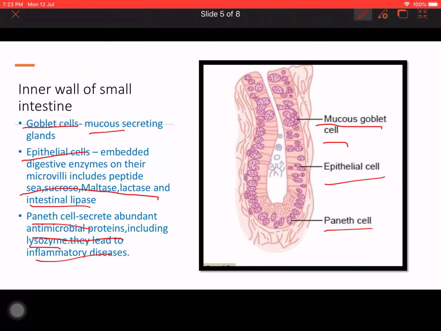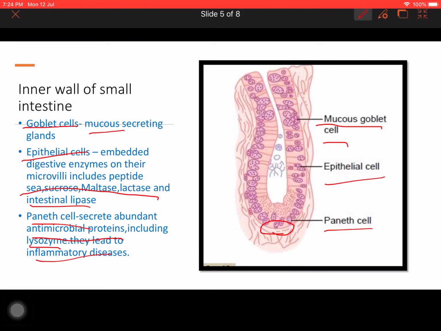And there are several other intestinal glands also at the bases. We can see several intestinal glands there. They are secreting large amounts of watery fluid which carry the digestive products into the villi. Okay, these are secreting many types of watery fluid which are carrying the digestive products into the villi.